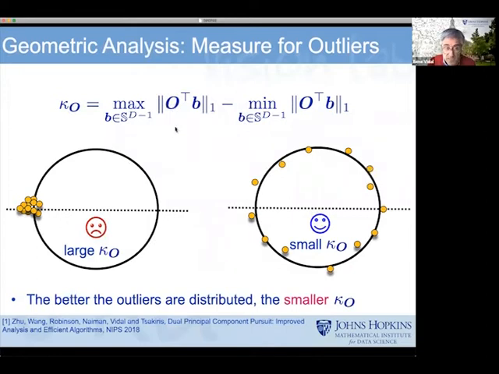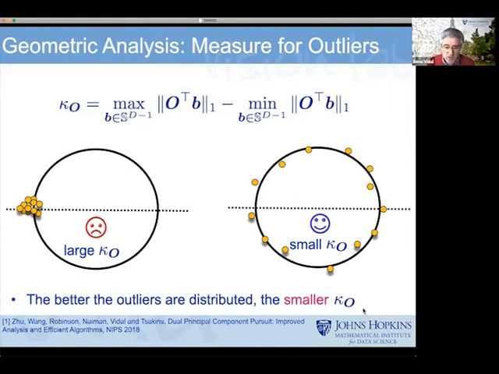So the first number is going to be large, and I choose a different B that makes the second number small, so the gap between the two is going to be large. But if the data is well distributed, the sum of the distances, the maximum or the minimum, is going to be about the same. So the better the outliers are distributed, the smaller this kappa quantity.